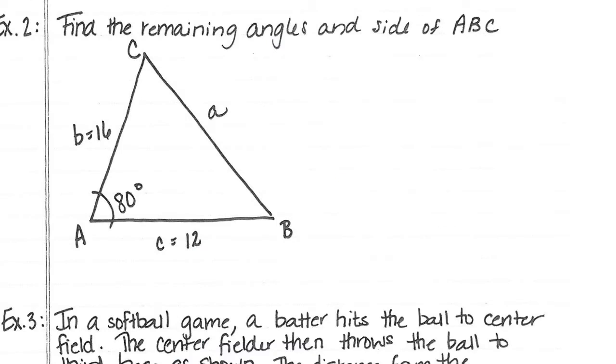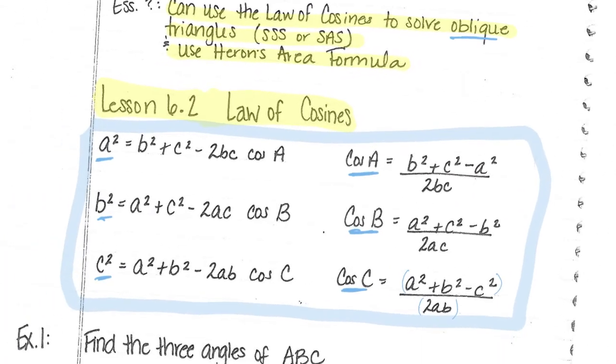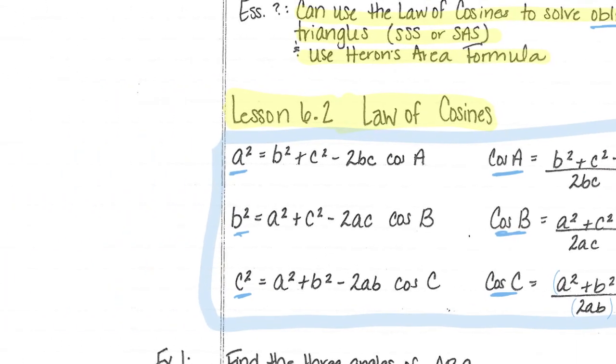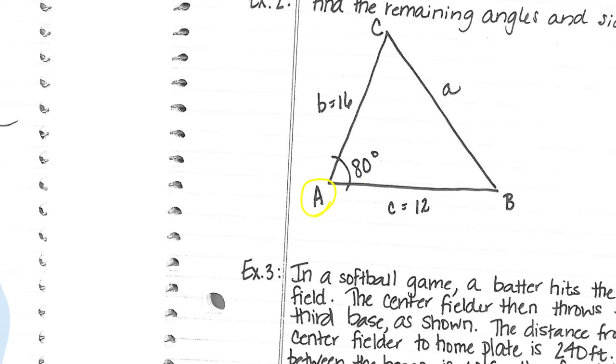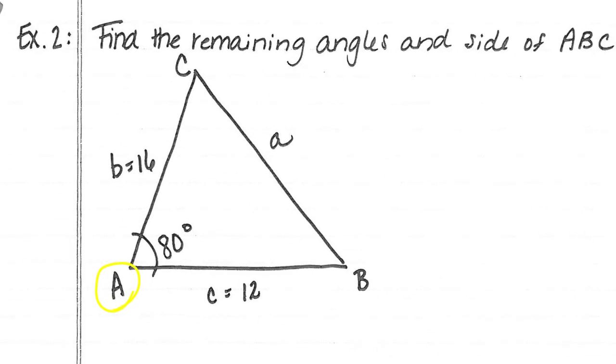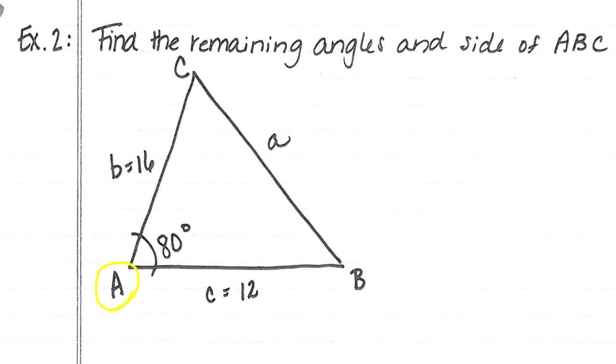Now, because this one is written differently, notice we do have one of the angles this time. So if I was looking at that whole group that I gave you, that blue box, I would probably use the top left. Sorry, I was trying to underline that. The top left right here. So that's probably the one I would use for this. I actually used something else in my notes, so I'm going to wing it here.